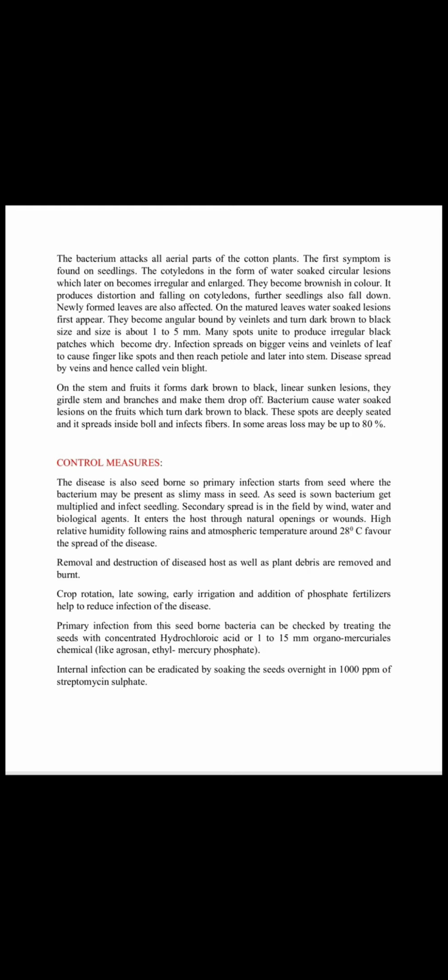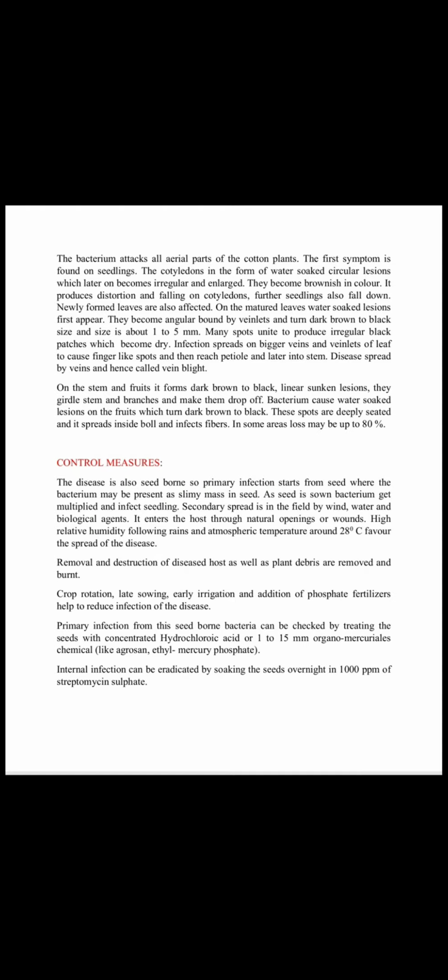As the first symptoms show on the seedling, this pathogen first attacks the seedling. After infection, the cotyledon looks like a water-soaked circular lesion, which later becomes irregular and enlarged, then brownish in color.